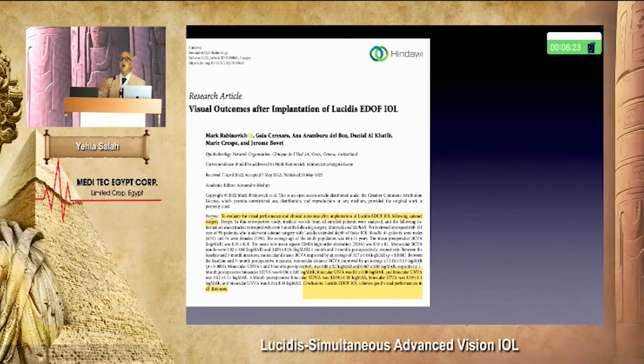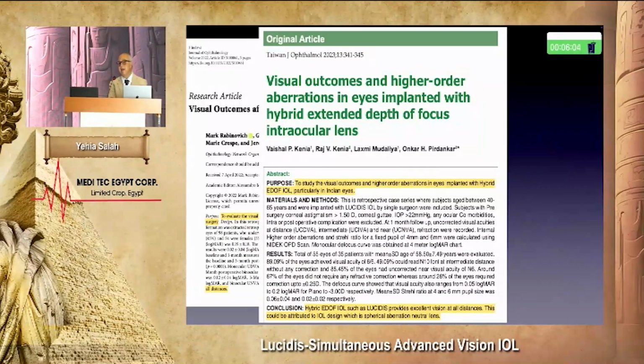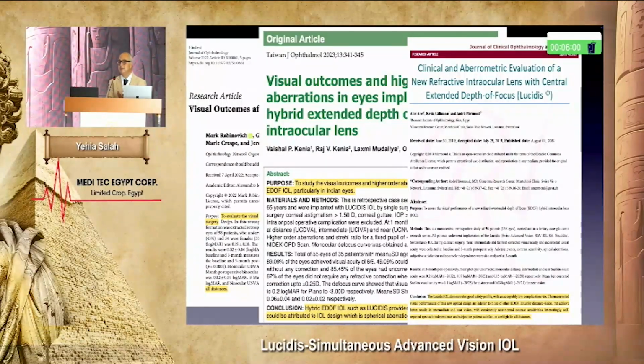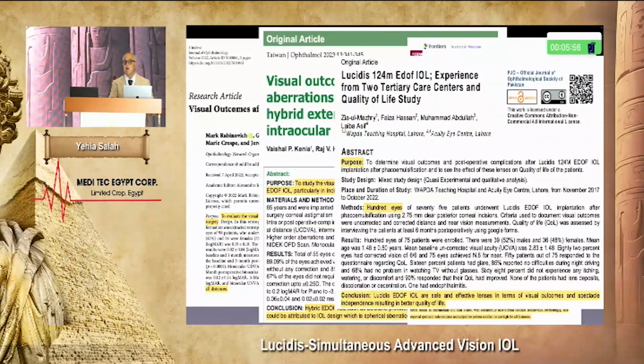And there are many articles that evaluate specifically the quality of vision, the halos, the higher order aberrations, everything: the quality of monocular, binocular, far uncorrected, near uncorrected, intermediate. There are plenty of publications talking about the advantages of this lens and comparing it with other lenses.